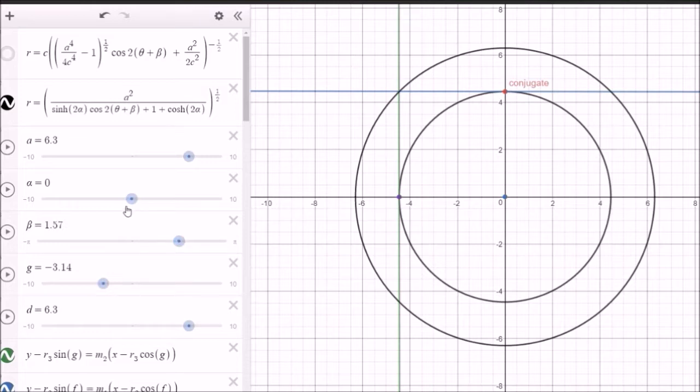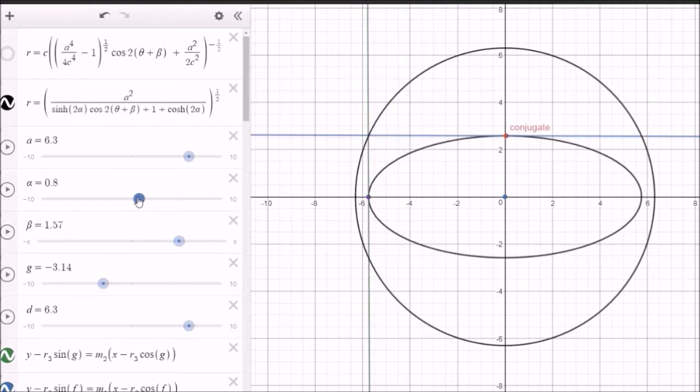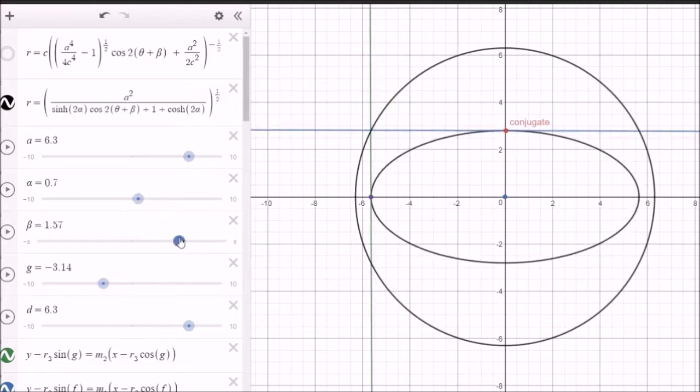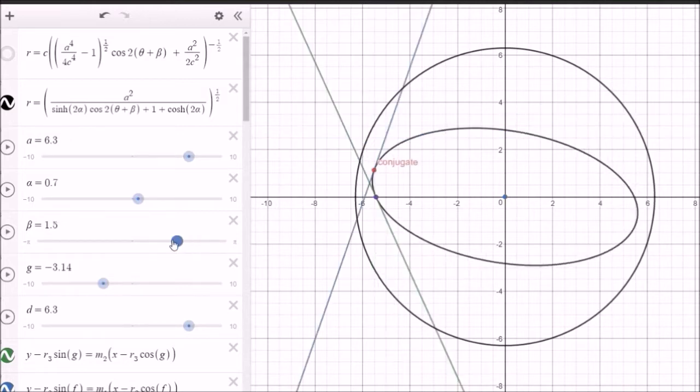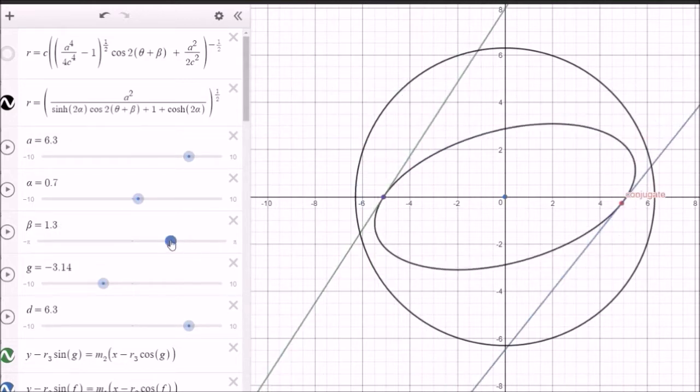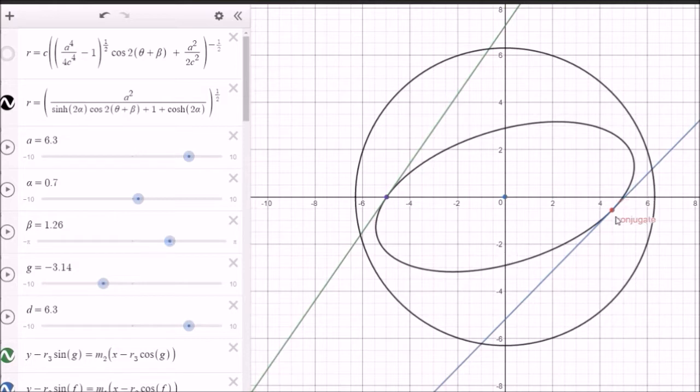We'll make this value, say, 0.7, and adjust this round. We can see that the conjugate point is now here. We don't need to get it exact. It sits somewhere here, and it's going to cross over on the director circle.